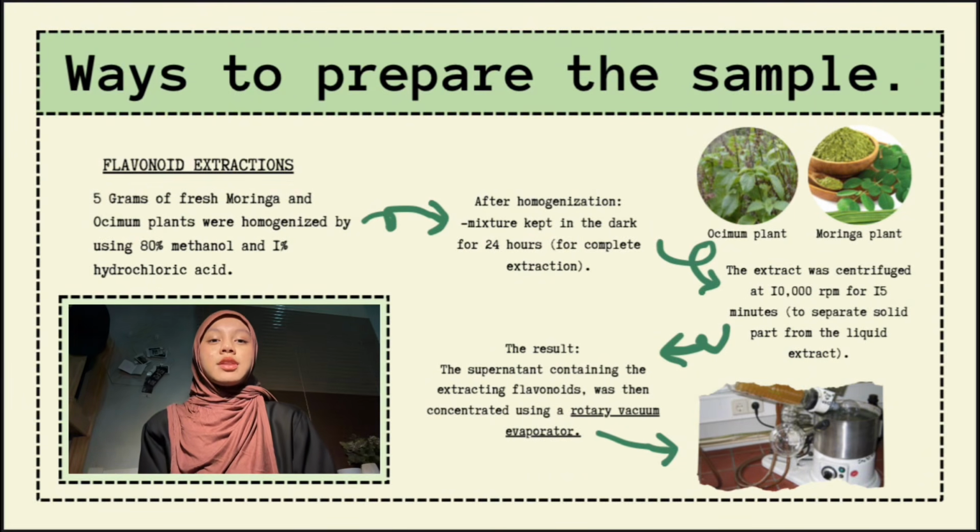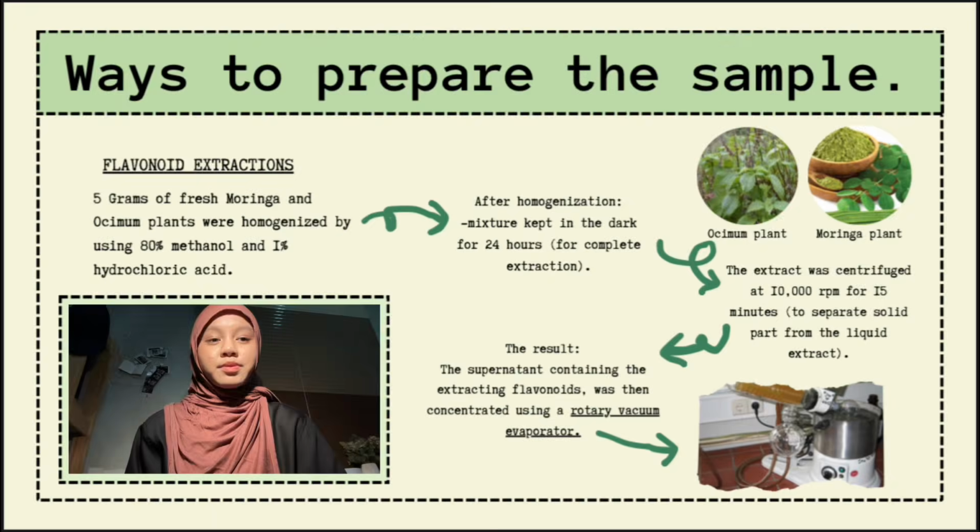Following this, the extraction was centrifuged at 10,000 rpm for 15 minutes to separate the solid plant material from the liquid extract. The resulting supernatant containing the extracted flavonoids was then concentrated using a rotary vacuum evaporator.